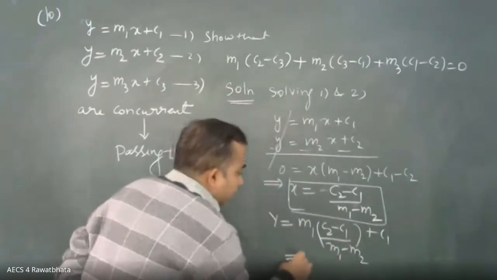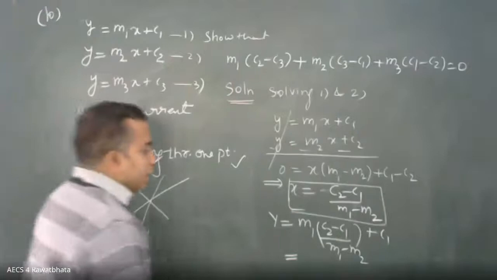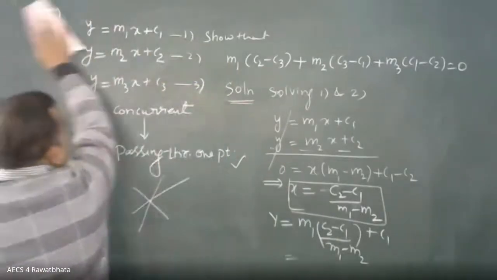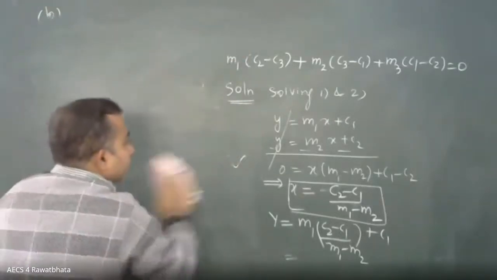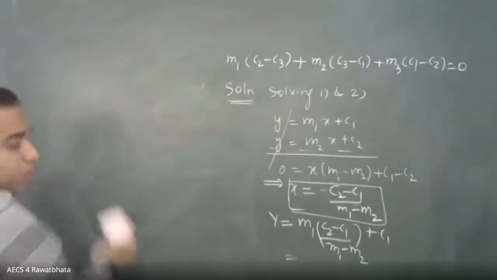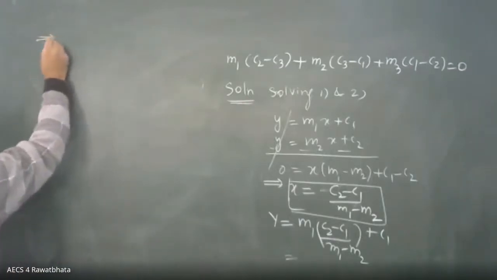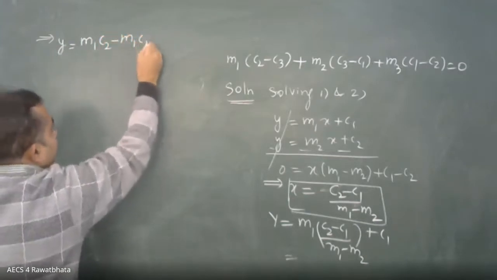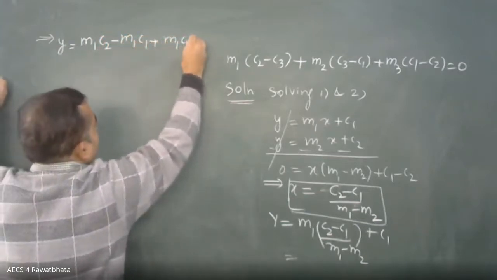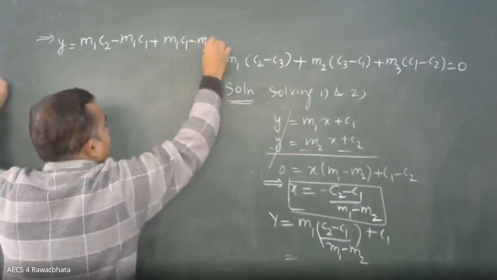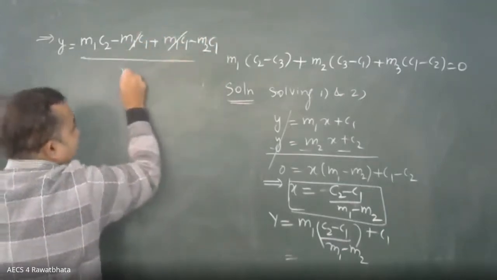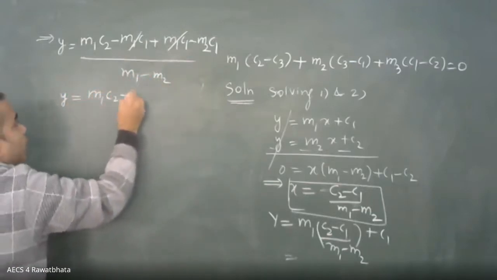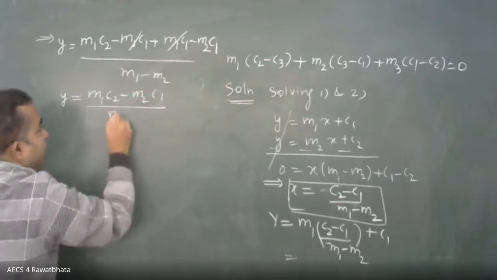Let us take LCM. So this will become m1c2 minus m1c1 plus m1c1 minus m2c1. m1c1 gets cancelled and here I get the y value, which is m1c2 minus m2c1 whole upon m1 minus m2.